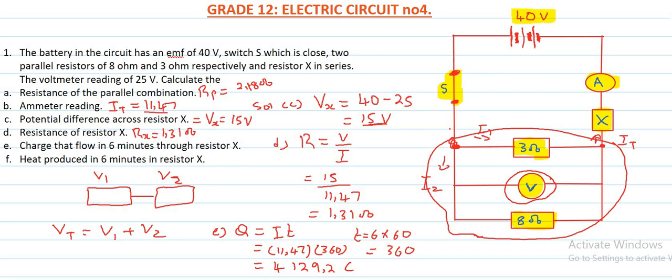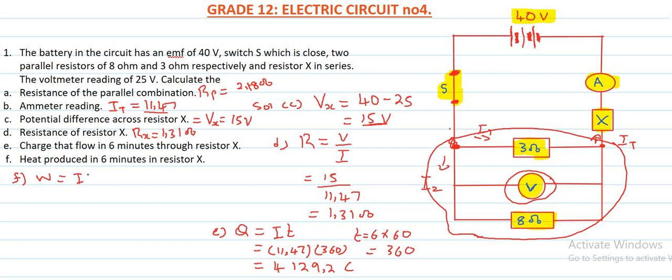The last question. Calculate the heat produced in 6 minutes in resistor X. F, the heat is the same as the energy, which is W equal to I squared RT. I is the current through resistor X, R is the value of the resistor, T is the time in seconds.